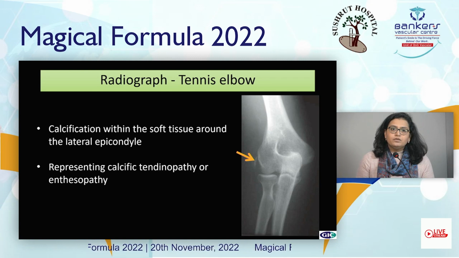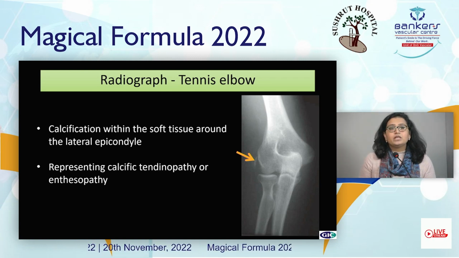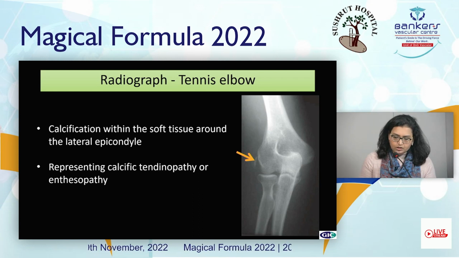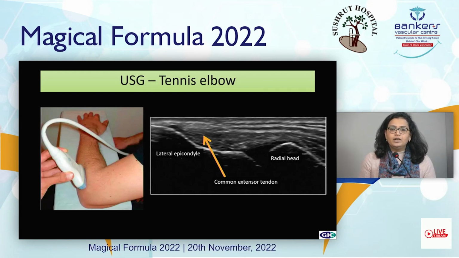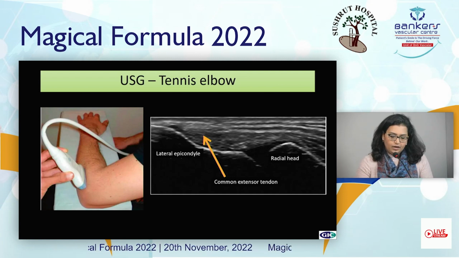This is because of the calcific tendinopathy or enthesopathy, which can be seen in 25% of the patients of lateral epicondylitis or tennis elbow. Ultrasound is a very good investigation for evaluation of lateral epicondylitis, where longitudinal plane evaluation is done, and we can see that this is a typical image showing the common extensor tendon.